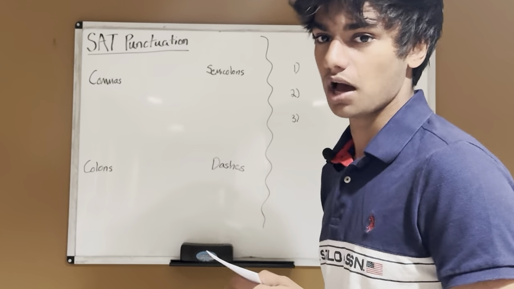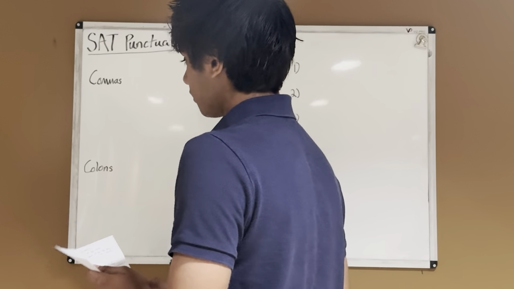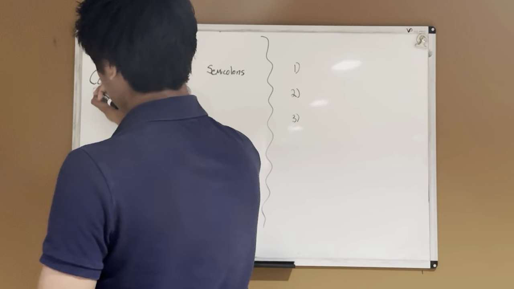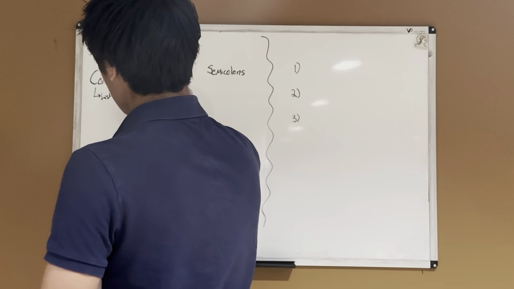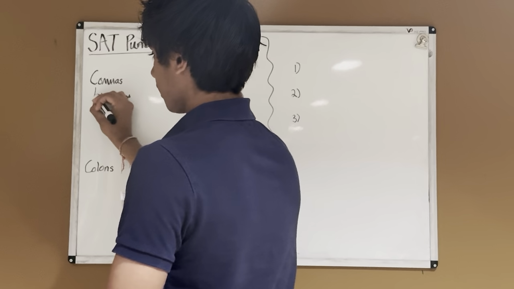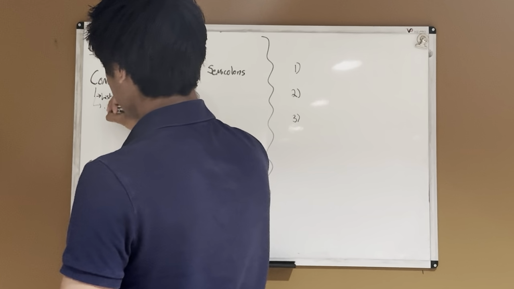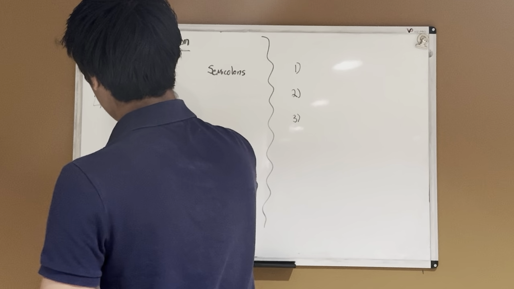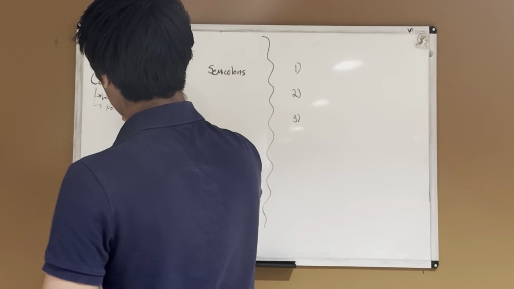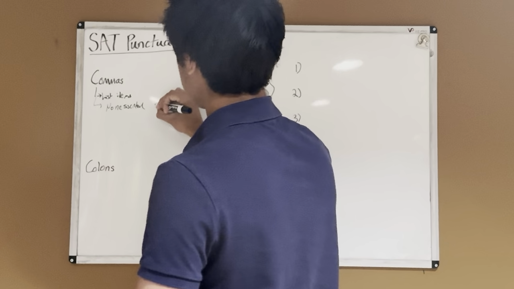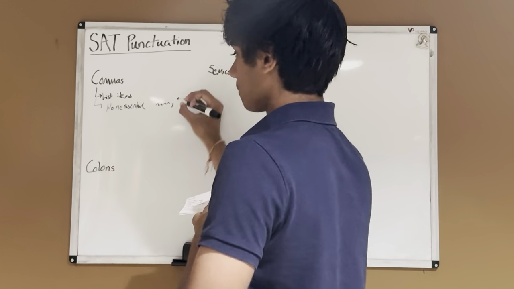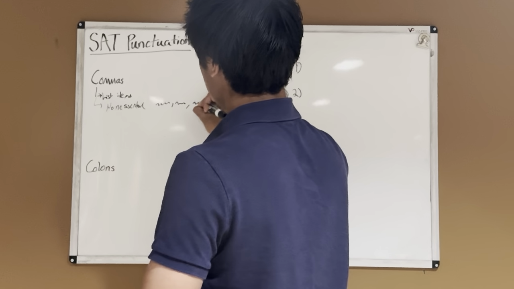So the first type is commas. With commas, how it works is commas list items, right? They denote non-essential clauses. So an example would be if we have a sentence and we have a comma here, comma here, period.